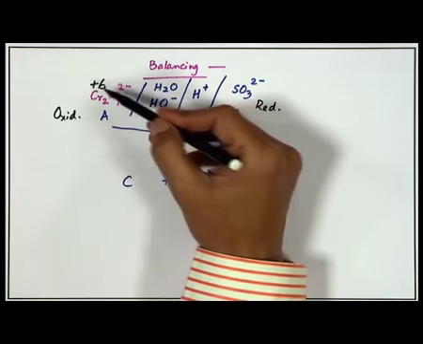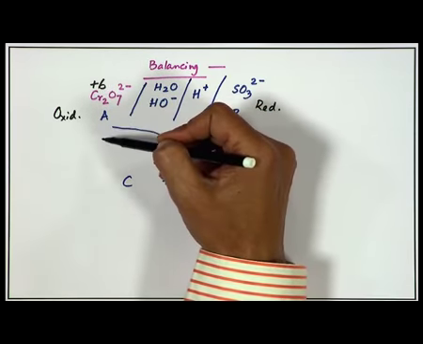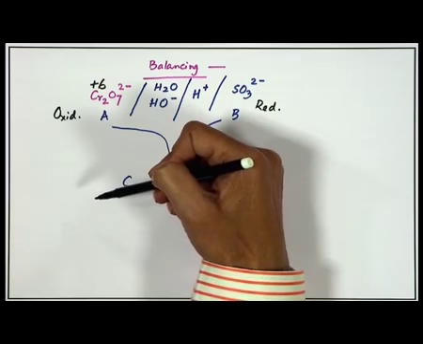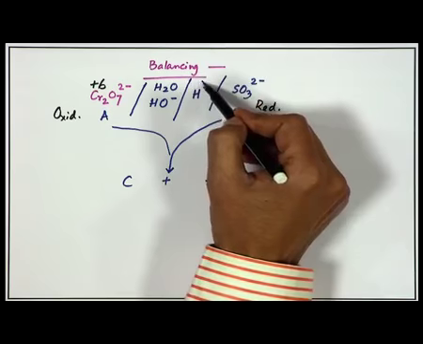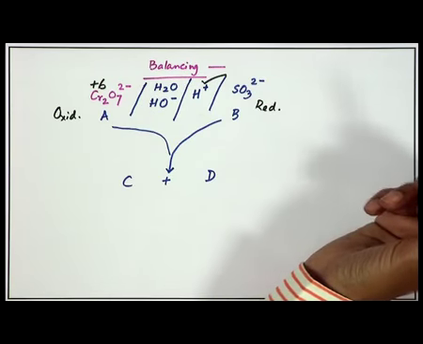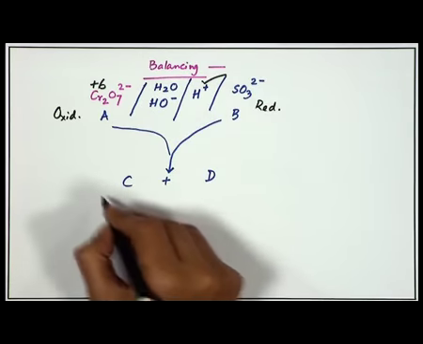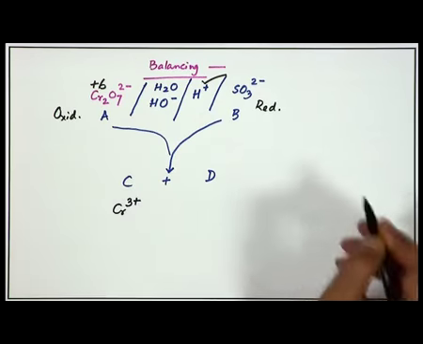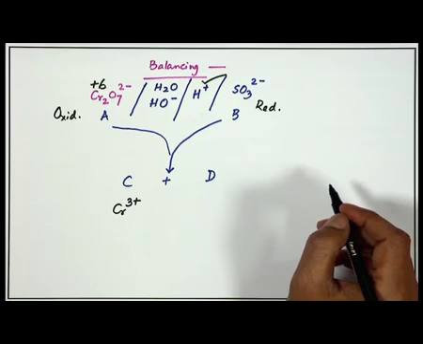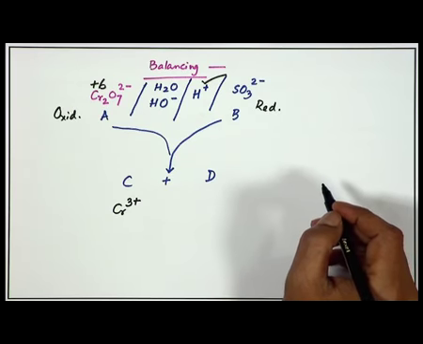It can go to +5, +4 or +3, but which is most stable in this particular reaction condition, which is slightly acidic? In this condition, C will be chromium 3 plus, the chromium 3 ion.